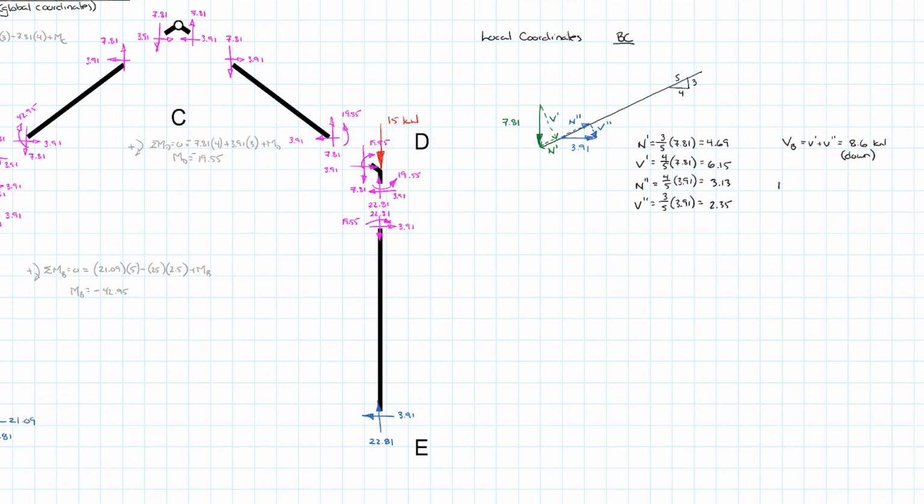And N at B is equal to N prime plus N double prime. If I look at the signs, N prime is reduced, so I'll put it in as negative, meaning that if we get a positive answer, it's going to be going to the right.